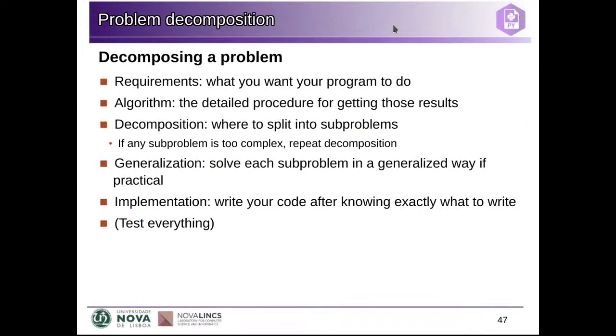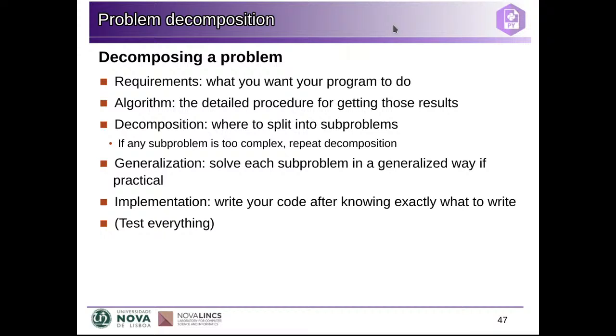So let's see what we can do with this. First, we need to think about how to decompose the problem. So we have to think about what we want the program to do, what the procedure is that the program will follow, and then figure out where to split it into different parts.